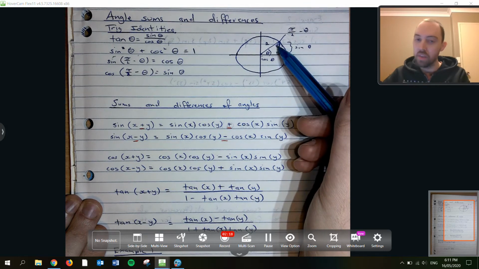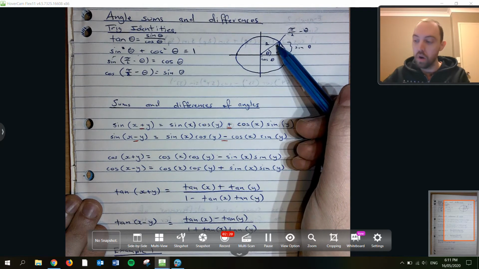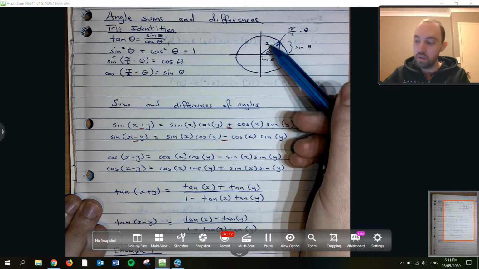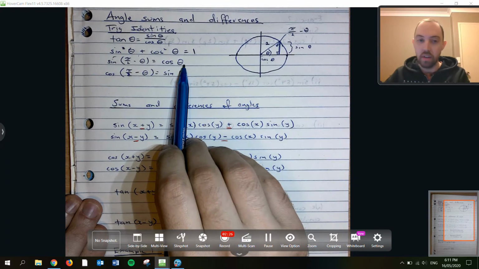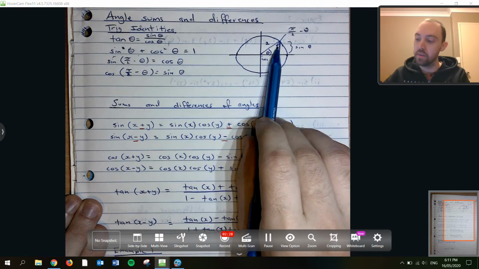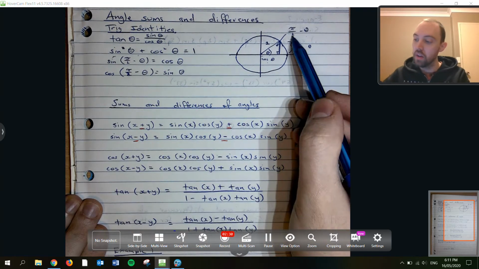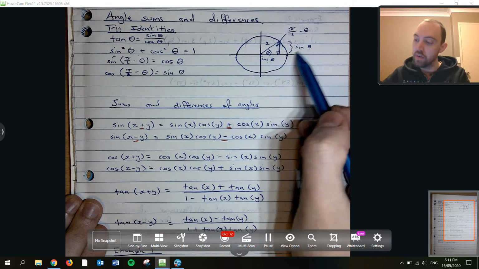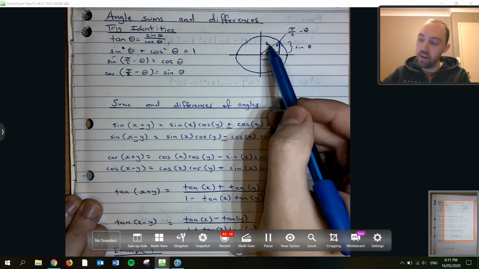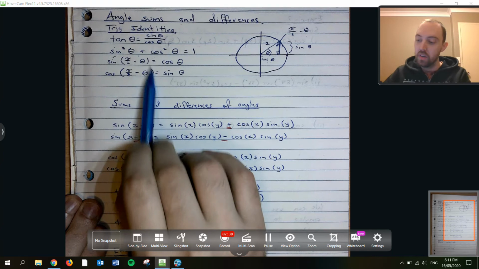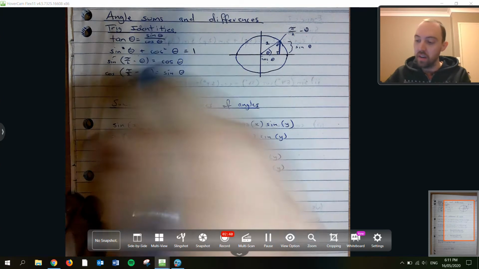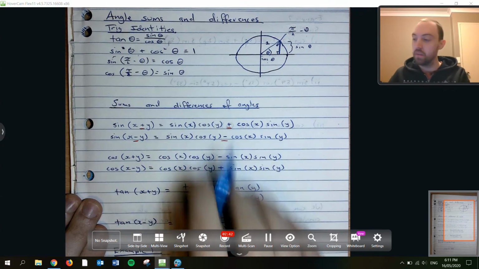And then you'll notice that from this angle, opposite over adjacent is cos theta over 1, or just cos theta. And then same situation with cos. The adjacent to this angle is now sine theta, so this will be sine theta over 1, which is just sine theta. So these are some trig identities that we need to go over.